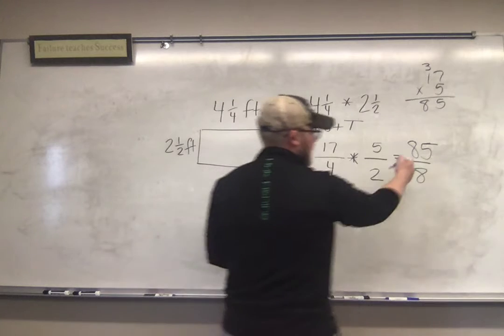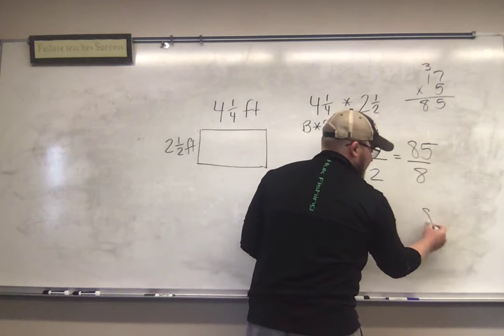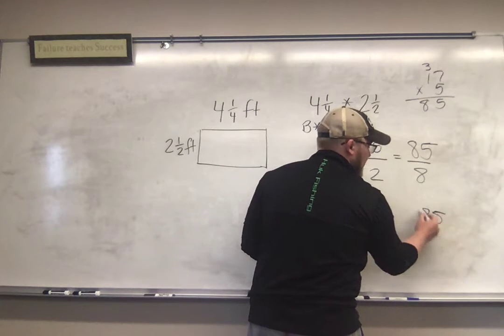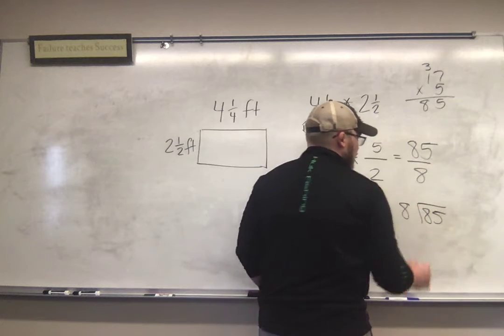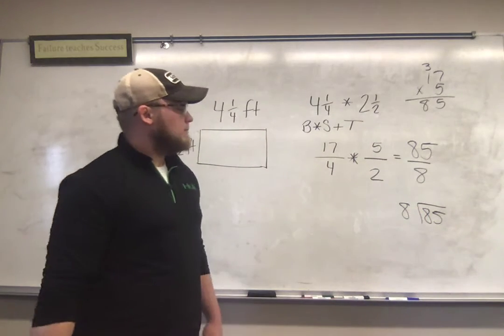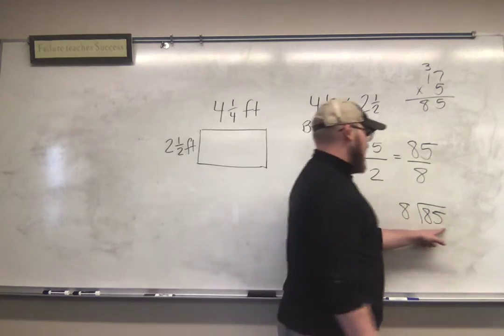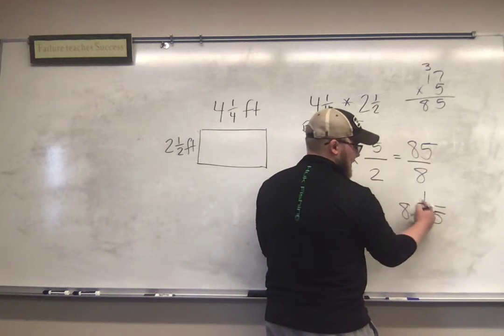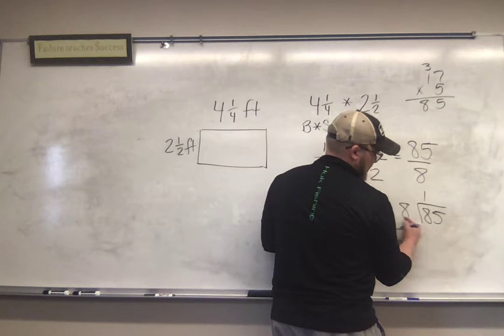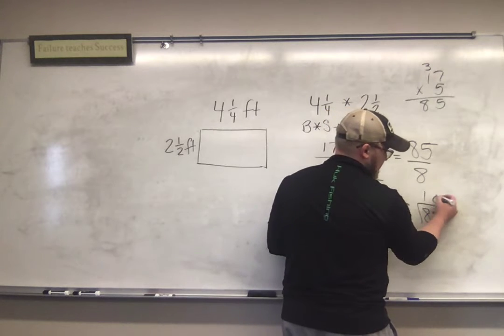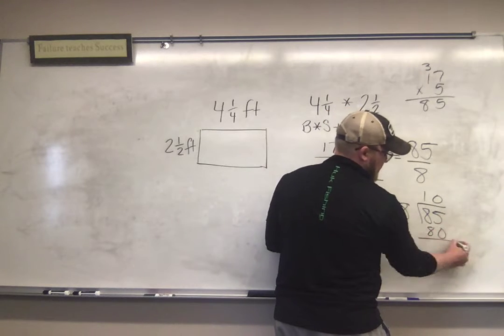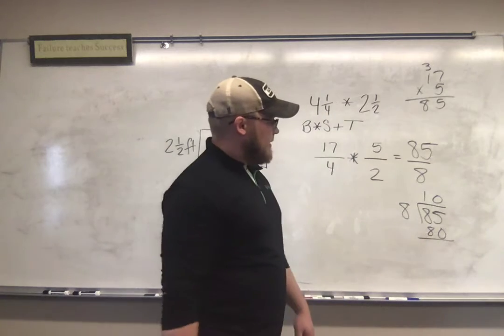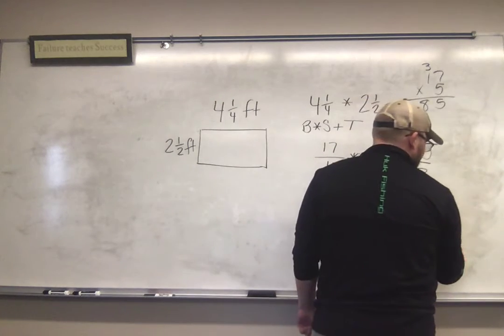Now we go 85 divided by 8. How many times does 8 go into 85? 8 goes into 8 one time, and it's actually going to go in 10 times, which is 80. There is 5 left over.